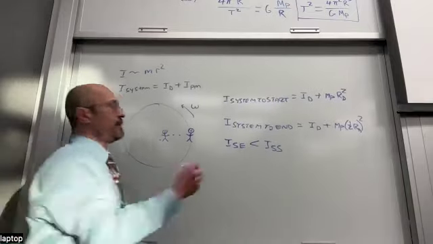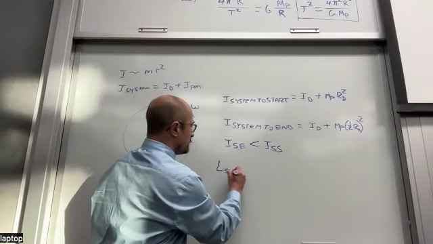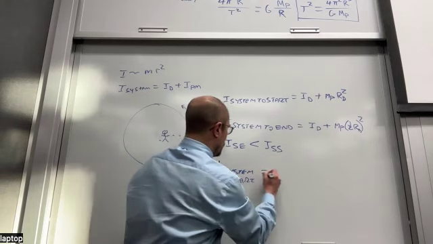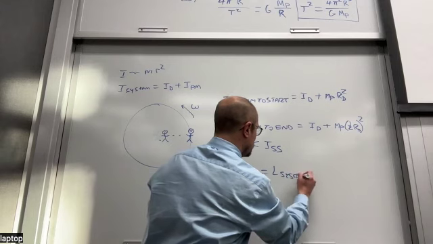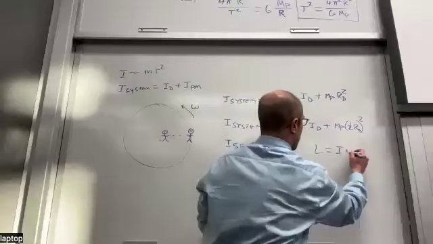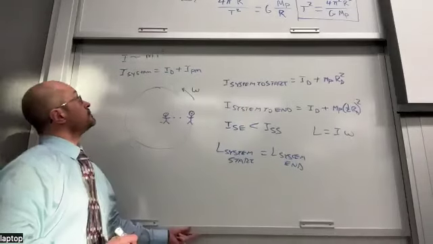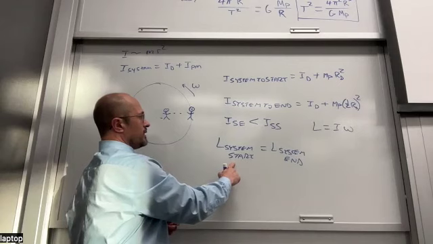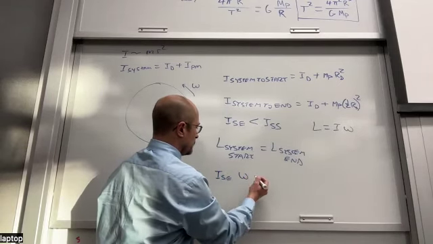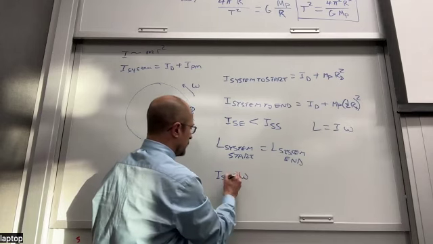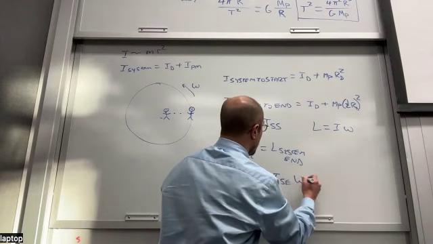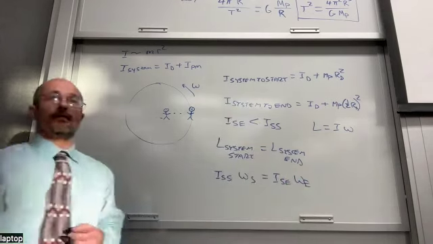Now, when we're thinking about angular momentum, L of the system at the beginning equals L of the system at the end, where angular momentum is I omega. So I system initial omega start has to equal I system end omega end.